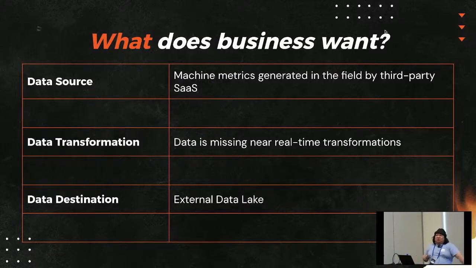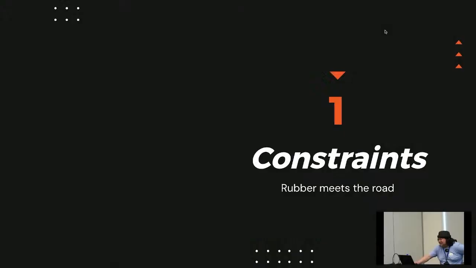You're not going to be able to control what data comes in. Okay. And then you have to actually do stuff to it. Okay. We want it in real time. Like real time? Like near real time. I'm like, okay. And I need you to store it in an external data lake that's outside of our network too, because it's going into another BI system somewhere else. So you're like, okay, what am I actually doing then?